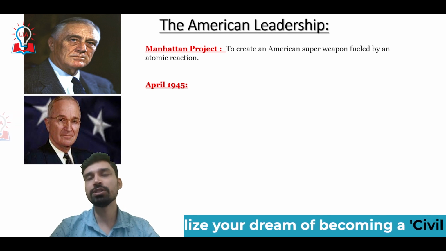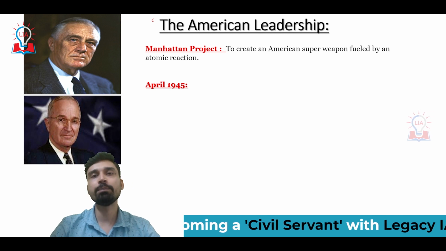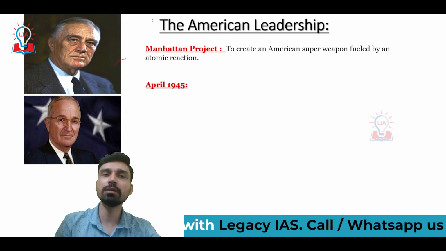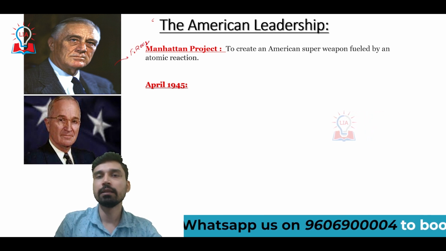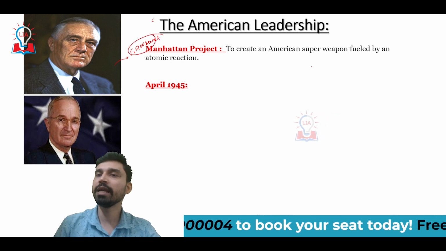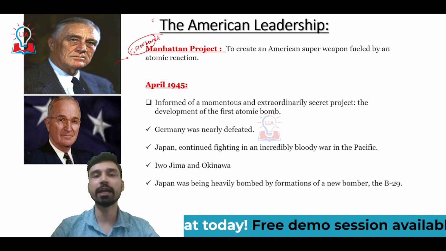Before understanding these reasons, let us try to understand the American leadership in the years during and preceding the dropping of the bomb. It was during the presidency of Franklin Roosevelt that the Manhattan Project was commissioned. The aim of the Manhattan Project was to create an American superweapon fueled by an atomic reaction.